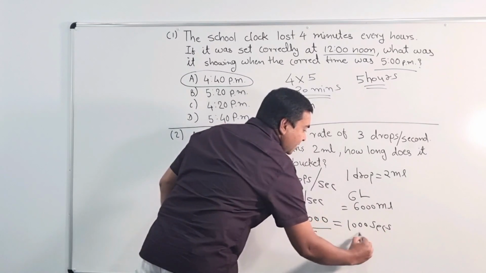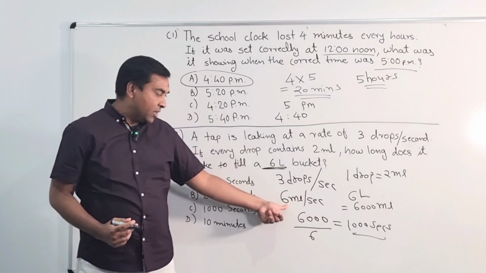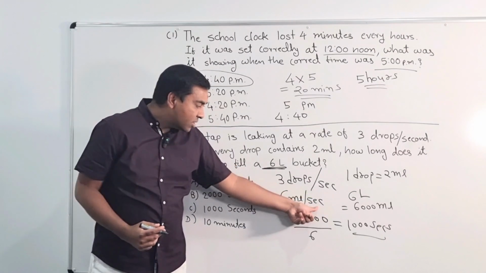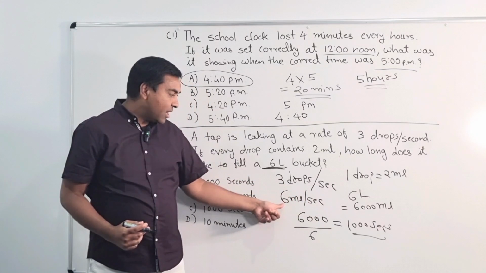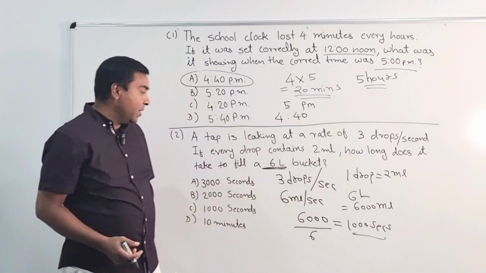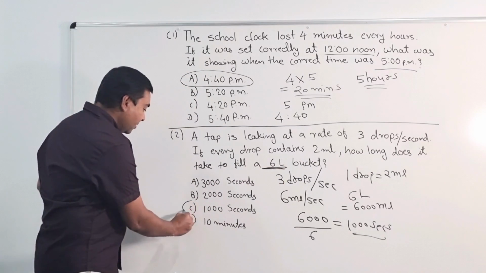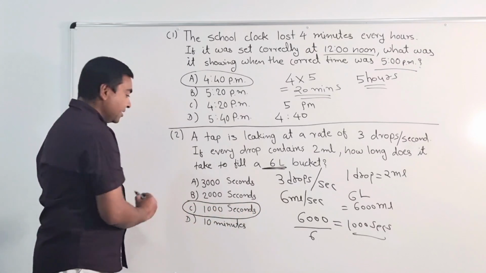And that makes a lot of logical sense because in 1,000 seconds, 6 times 1,000 is 6,000 milliliter of water leaking. So our time is 1,000 seconds, and that is our option 3, which is the correct answer.